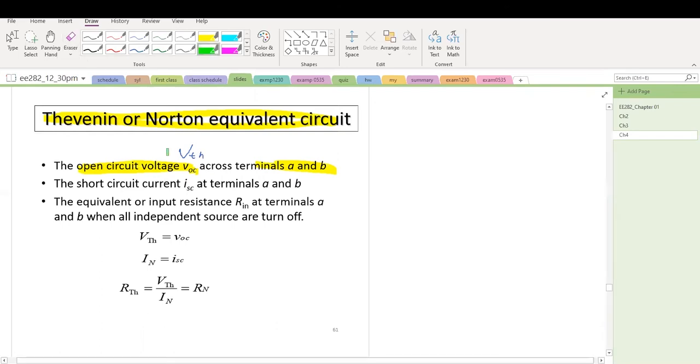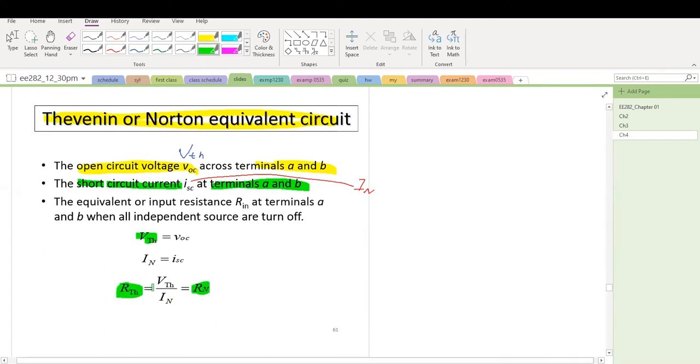The short circuit current ISC, short circuit at terminal A and B, is In from Norton theorem. The equivalent resistance at the terminal A and B, either the notation is RTH or Rn.